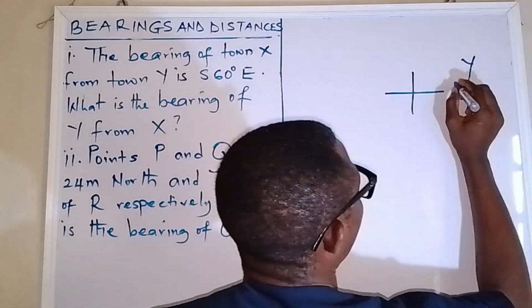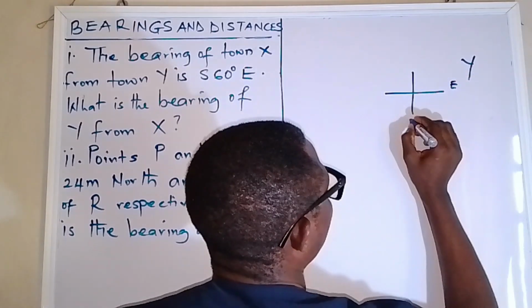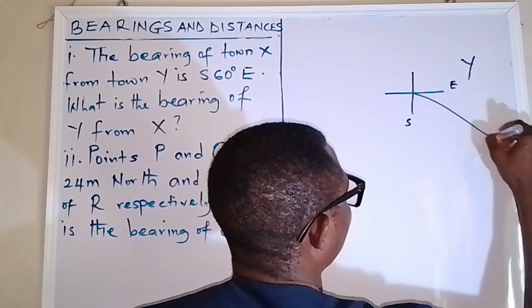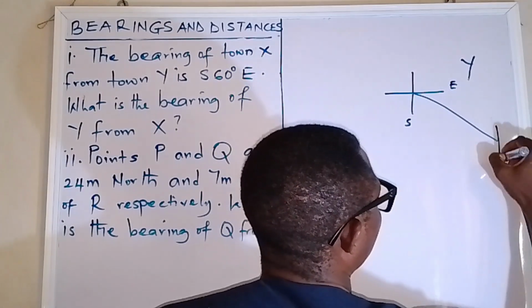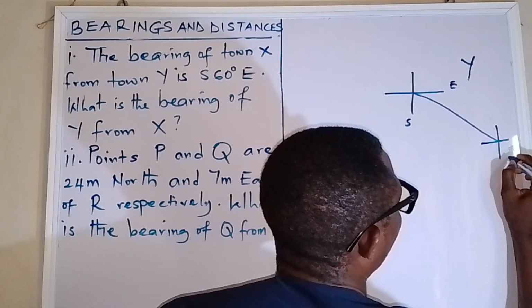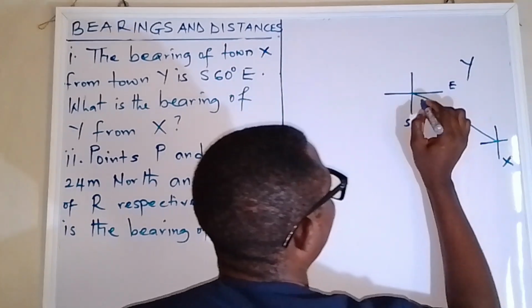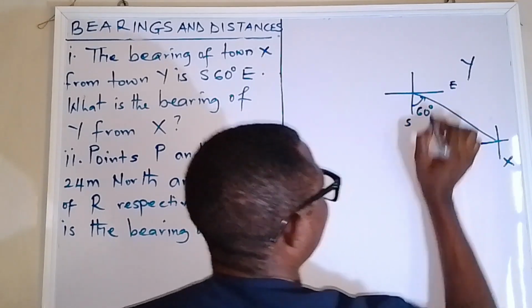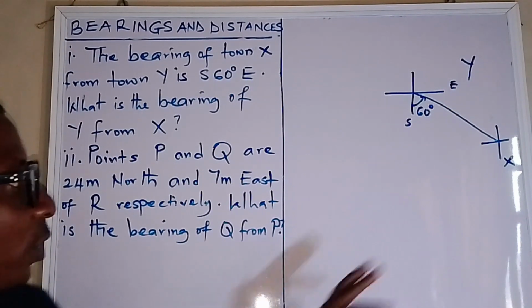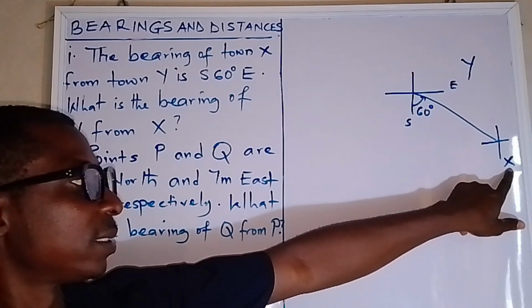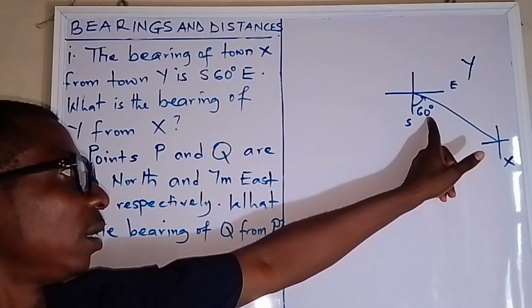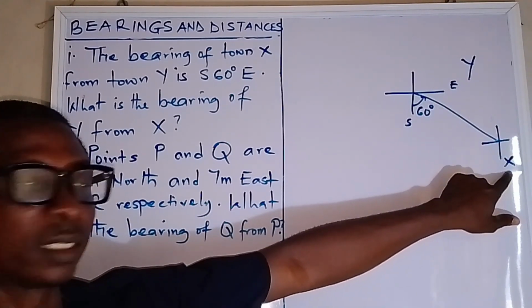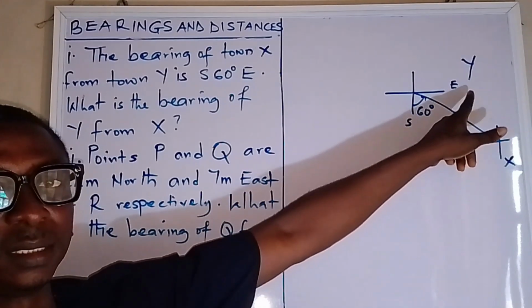So this is the east and this is the south. So 60 degrees. So this is going to be point X, and the angle here is 60 degrees. So the bearing of X from Y is south 60 degrees east.